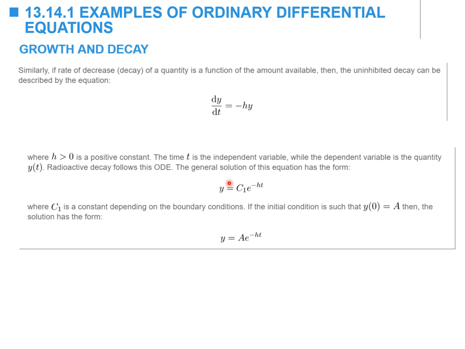Similarly, the solution to this differential equation is given by y is equal to c1 e power negative ht, and if I know the initial condition, what is the value of y when the time is equal to 0? If it's a, then the solution becomes y is equal to a multiplied by e power negative ht.